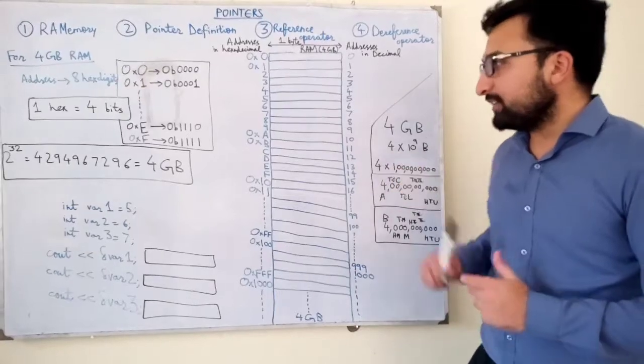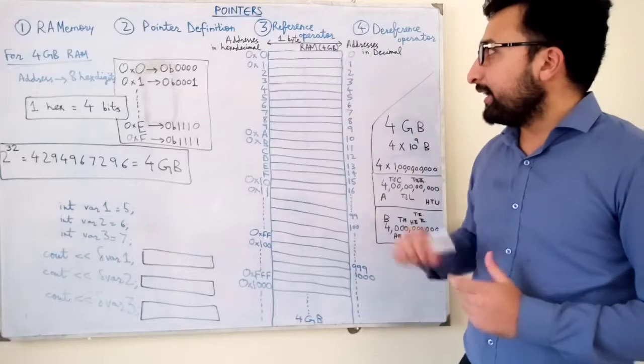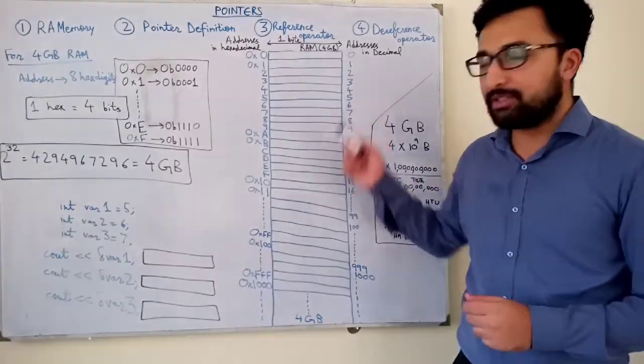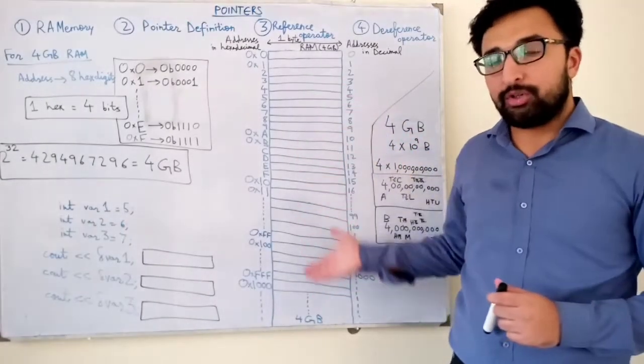So that is what it means to have a 4 GB RAM at our disposal: we are placing either 4 Arab bytes or 4 billion bytes on top of each other.